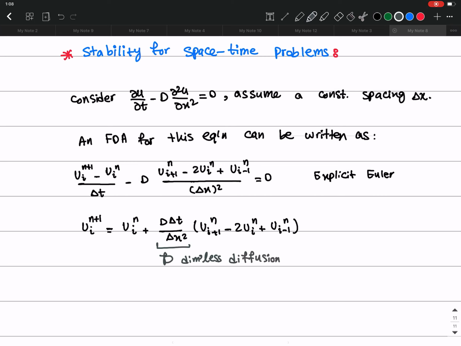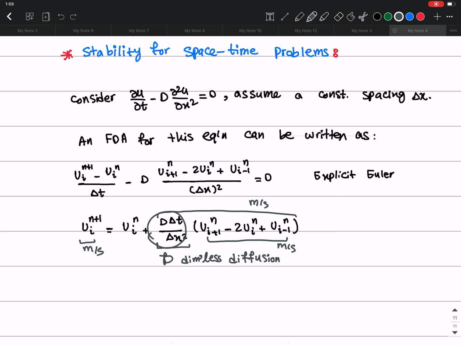Just very quickly, for people who are familiar with dimensional analysis: if u is velocity, the units of the left hand side will be meter per second, so this term also has to be meter per second, the whole term. And because this is meter per second, this term should be dimensionless.